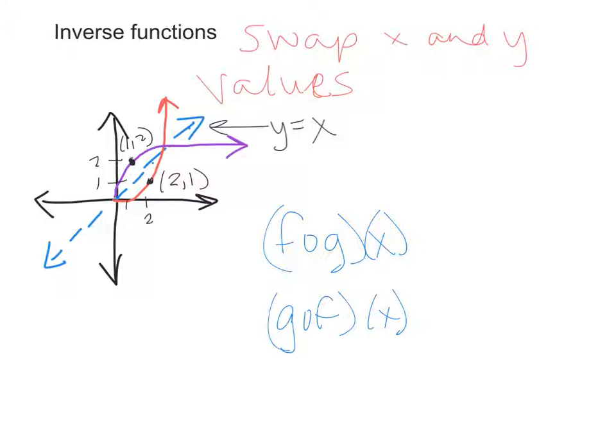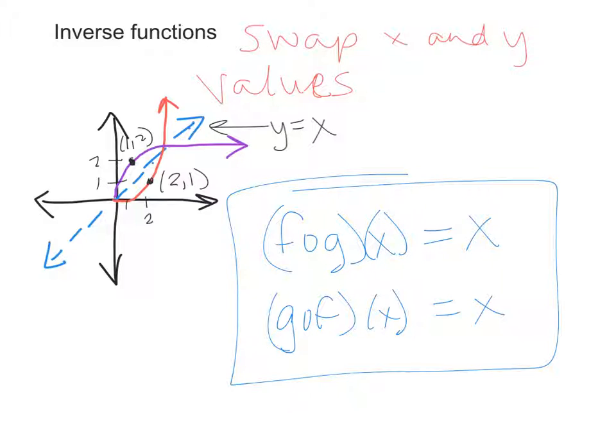If you compose these two functions, it doesn't matter which one you do. You plug the g of x function into the f of x, or the f of x into the g of x, and all you get out of the deal is an x, then you know that these are inverse functions. So that is our criteria and what we're going to look at next.